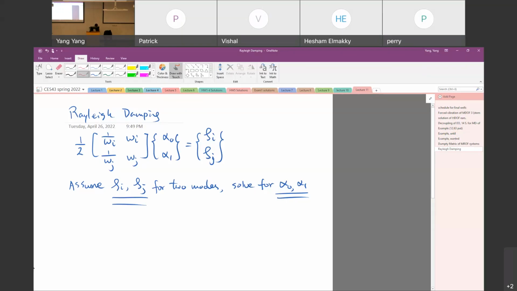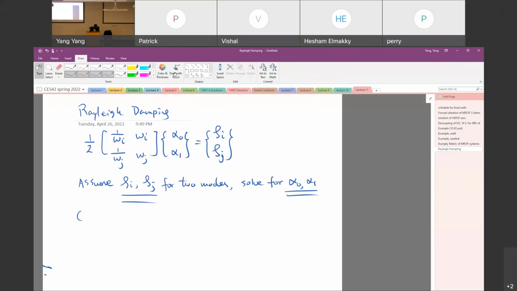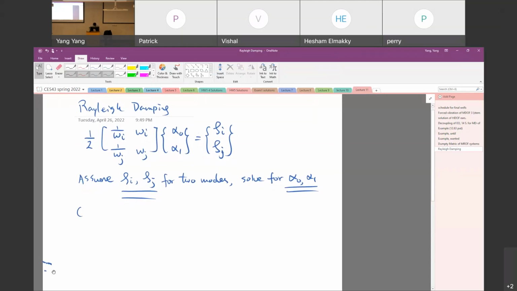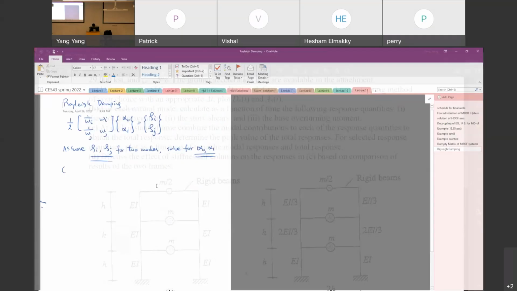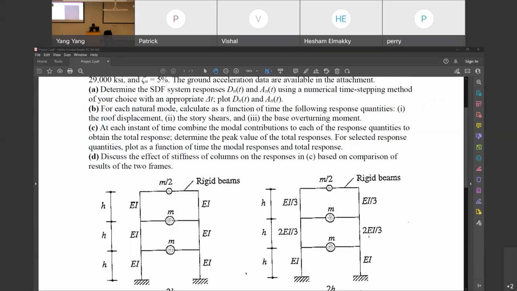Good engineering judgment is the magic tool.